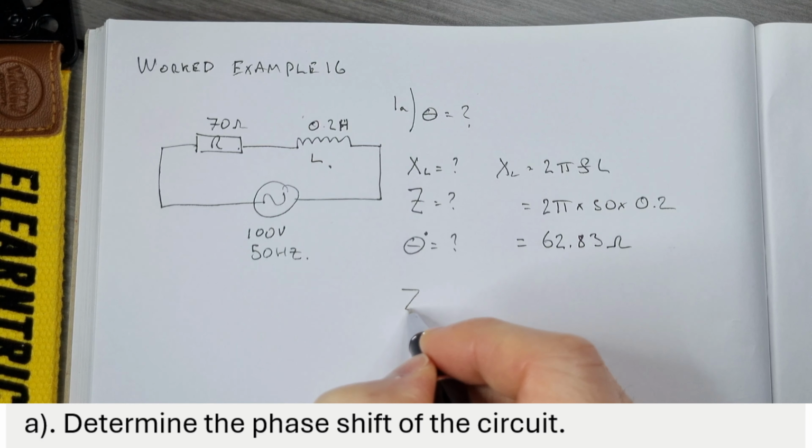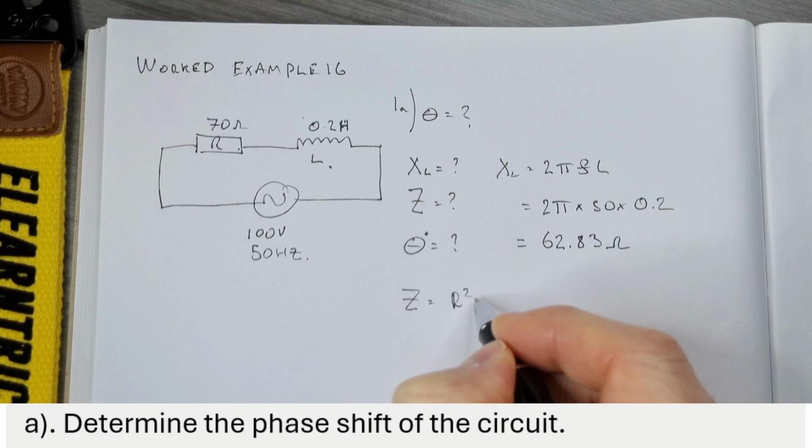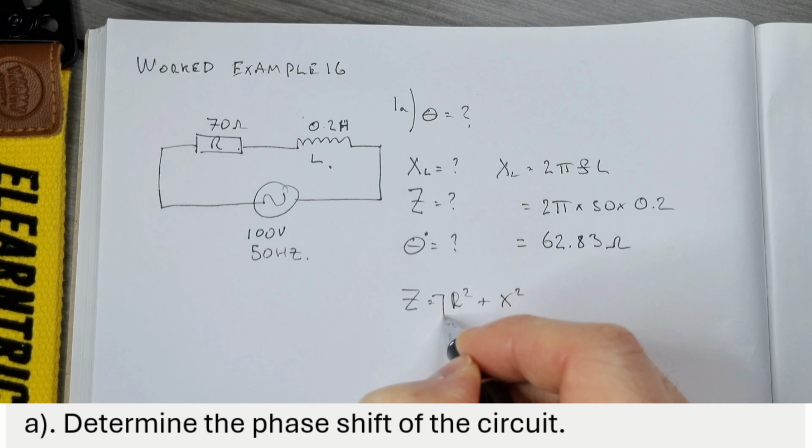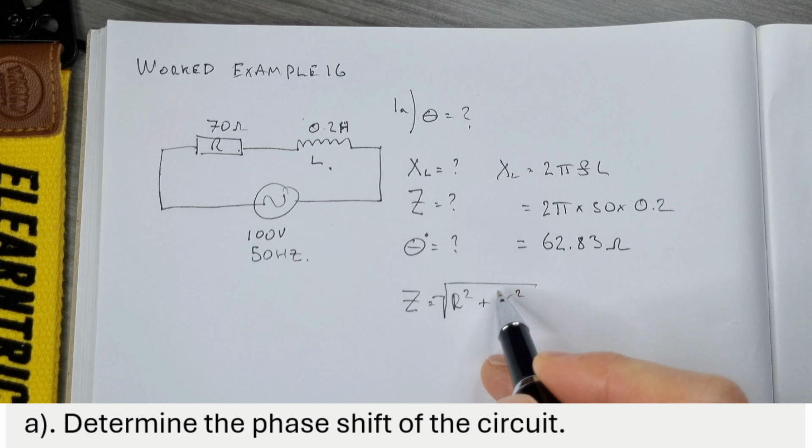Our impedance, Z, is equal to the square root of R squared plus X squared. And from previous examples, you'll remember that when we have only an inductor in the circuit and no capacitor, then X simply becomes XL because XC is 0.